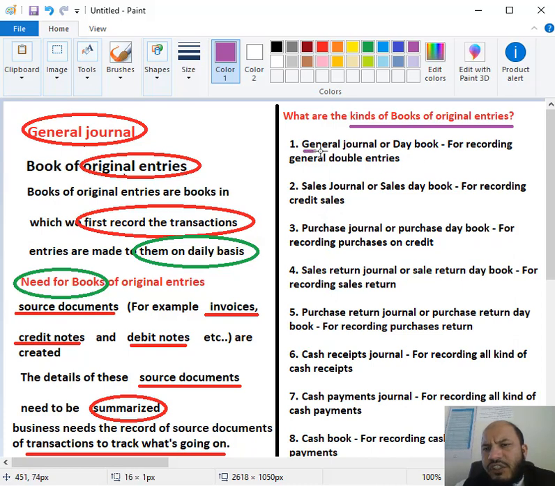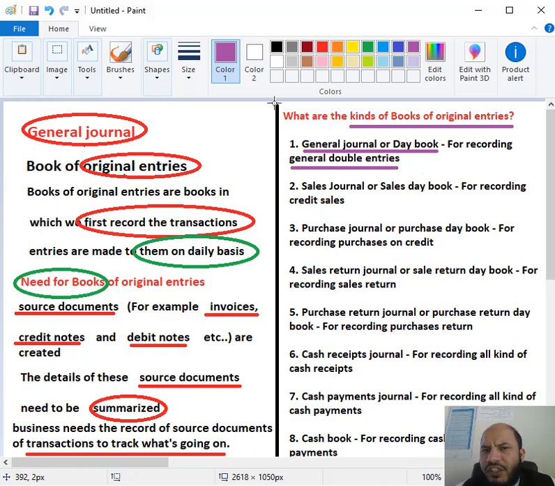The first book is the general journal or the day book. We have already defined it; in Pashto we can call it Roznamcha, or the Kitab-e Rozana. This is a book in which we record transactions, and it is a double entry book, where we record transactions to effect double entry.